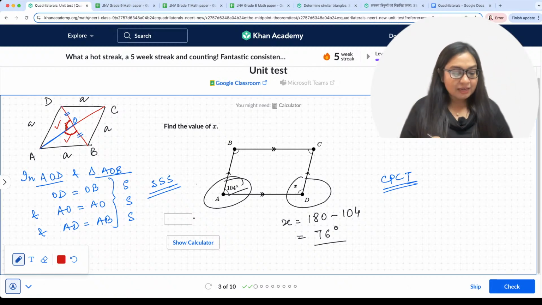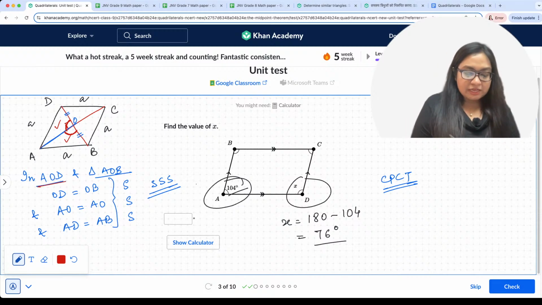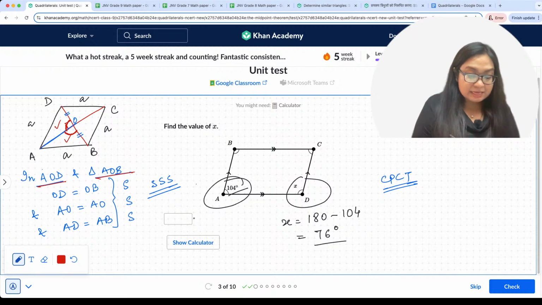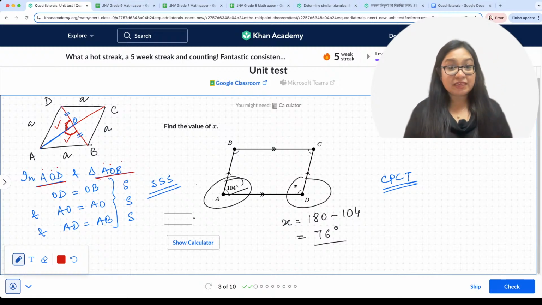And I will say that here, triangle AOD and AOB are congruent. That means A is corresponding to A, O is corresponding to O, and D is corresponding to B. ये corresponding vertices है, right?